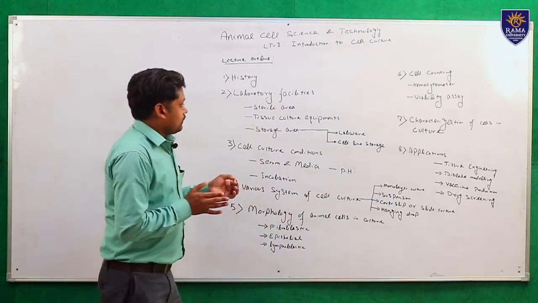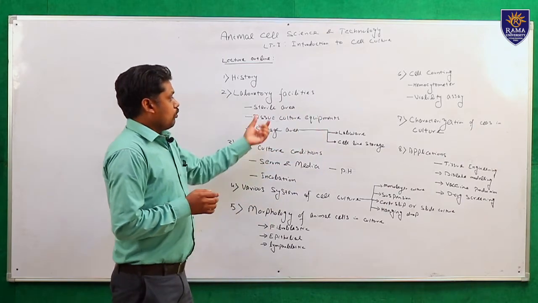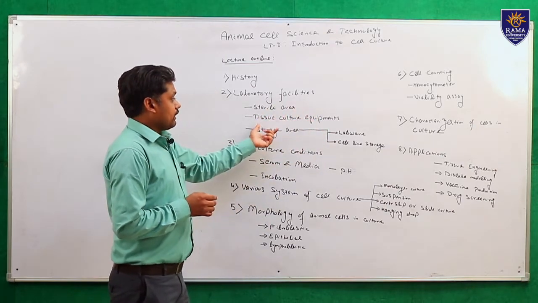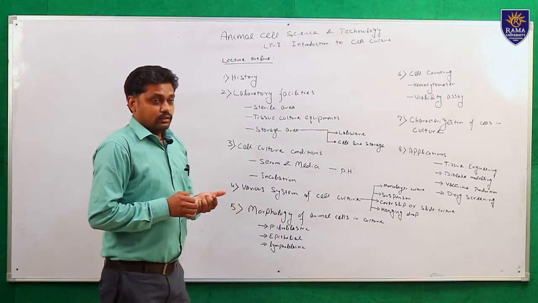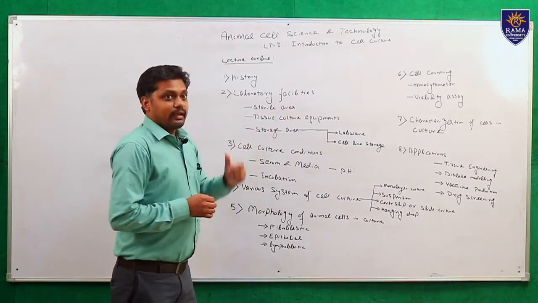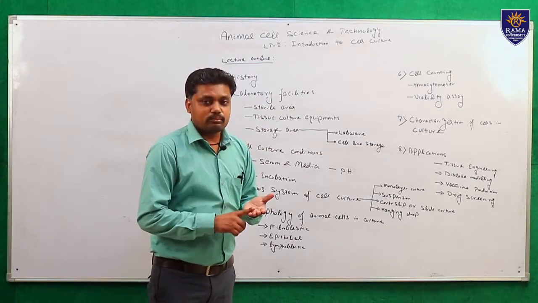After the requirements, let us see the laboratory facility. It can be described in 3 parts. One is the sterile area, second is the tissue culture equipment, and third is the storage area. What do you mean by sterile area? Sterile area means your atmosphere should be neat and clean, free from contamination.